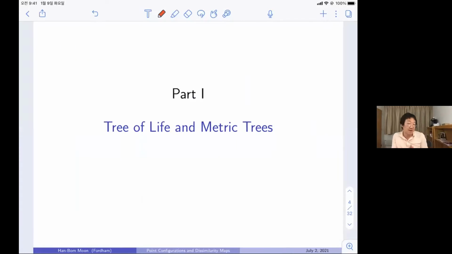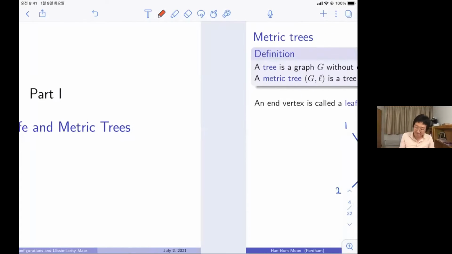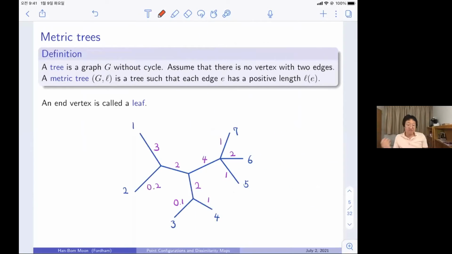First of all, let me start with some background. Why do I care about this problem? The main object is a metric tree. We say a tree is a graph G without a cycle, and a metric tree is a pair of the graph and a function L, which assigns to each edge e a positive length.